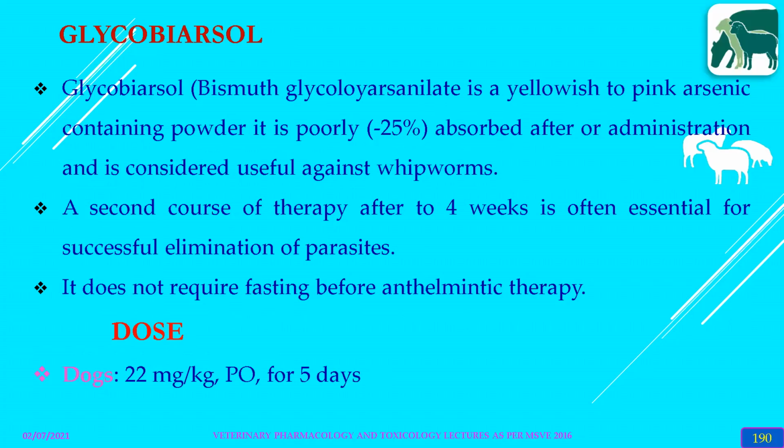And it does not require fasting before the anthelmintic administration, hence you can administer it at any time of the day. The dose is 22 milligram per kg for 5 days.